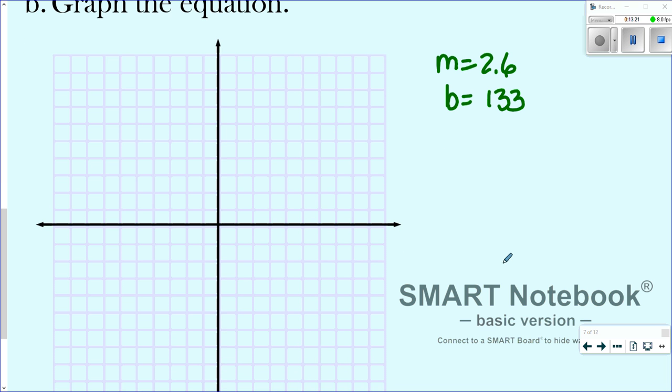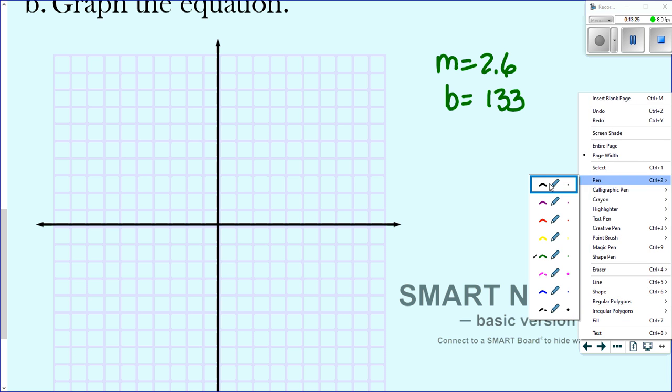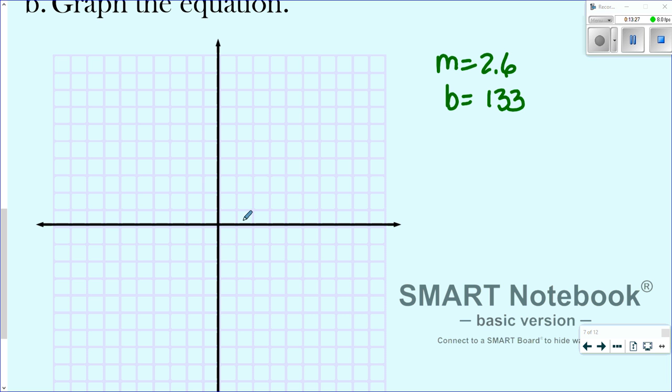All right, so before we even do that, we need to scale this. So I'm going to scale this. For the b, every 2 units is going to be 100. So 100, then this will be 200, and this is going to be 300 and 400.